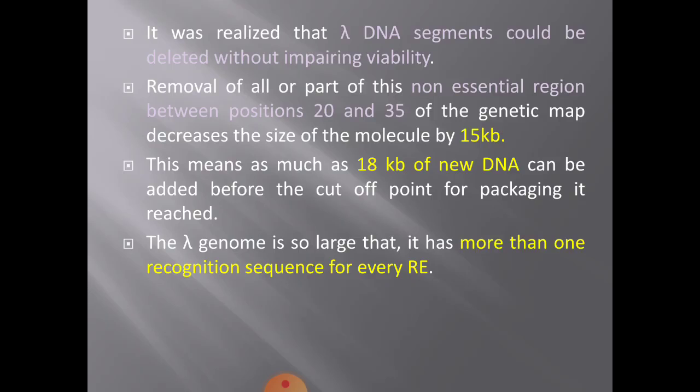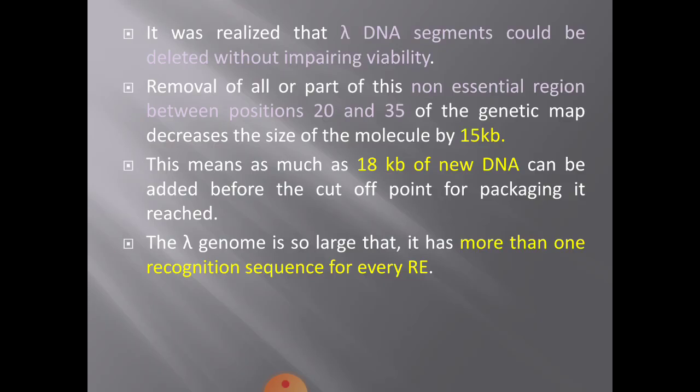What I meant is, out of that 48 kb and odd, if you remove part of it, then also lambda phage will be normal only. Okay. So people came up with the idea that by deleting non-essential regions of the genome, you will have more scope to add the bigger DNA insert. This made people to work on how to develop lambda phages into vectors.